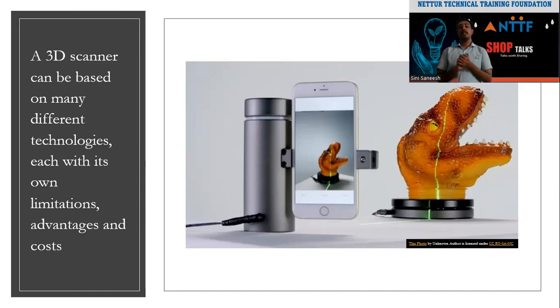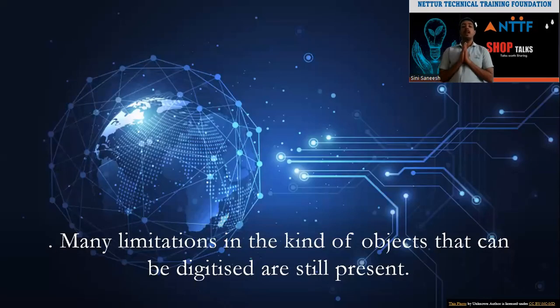In this picture, 3D scanning is done with a mobile phone, which helps in printing the head of the dinosaur. Many limitations still remain. In this new advanced world, there are still objects that can't be 3D printed or 3D scanned.